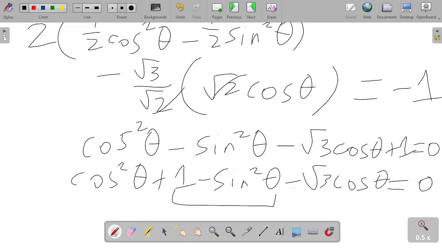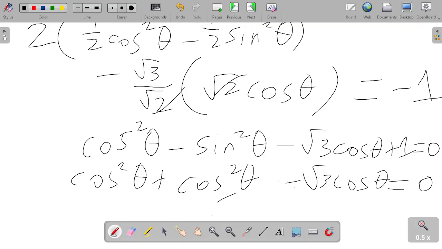It's just cosine squared theta, because we know that cosine squared plus sine squared equals to 1, and if you move it to the side, you're gonna get cosine squared theta.